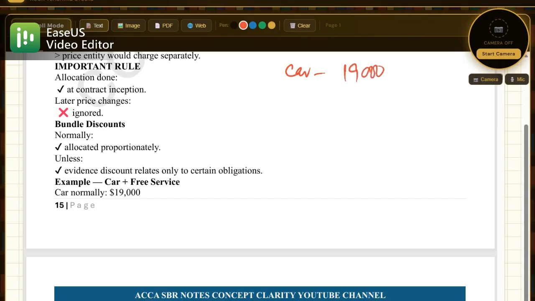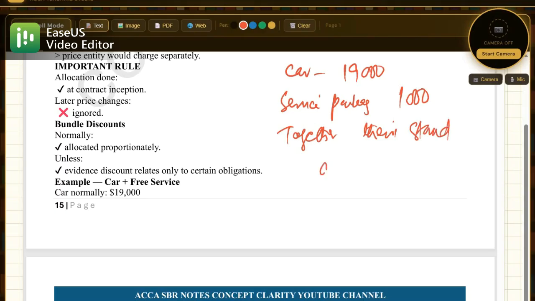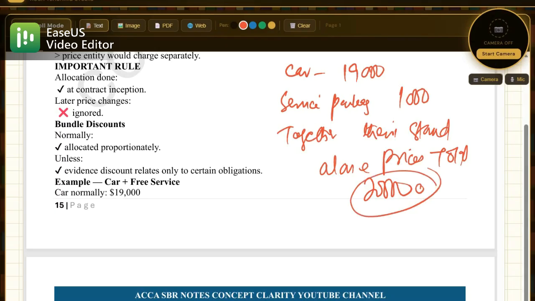Now a service package is normally sold at $1,000. Together their stand-alone prices total 20,000. Clear? So allocation is done at contract inception.